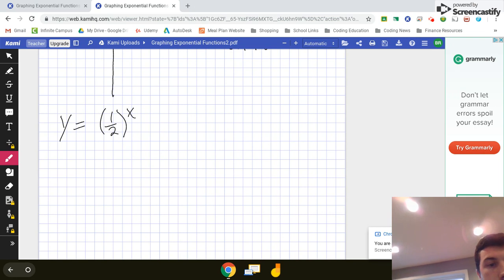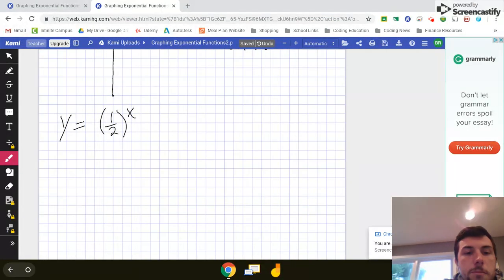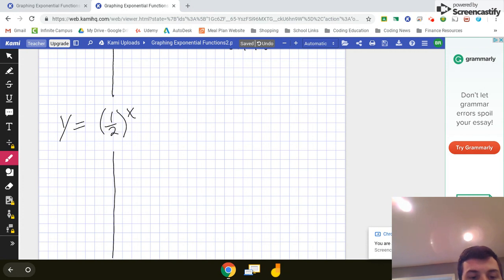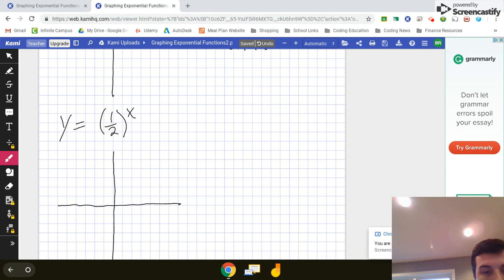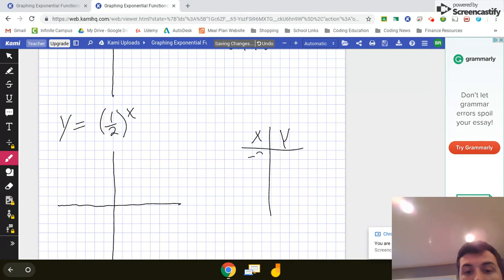All right, so here's equation number 2. I'm going to go ahead and draw my graph again. All right, that should be good enough. We need to have our table of values, so x and y. For this problem, it's okay if we pick the same x values. So if we do -2, -1, 0, 1, and 2, that'll still work.